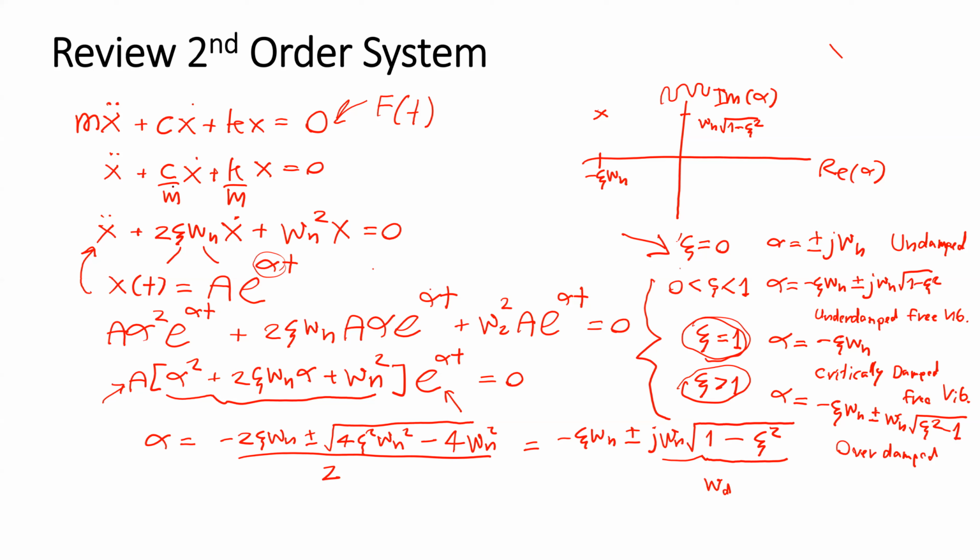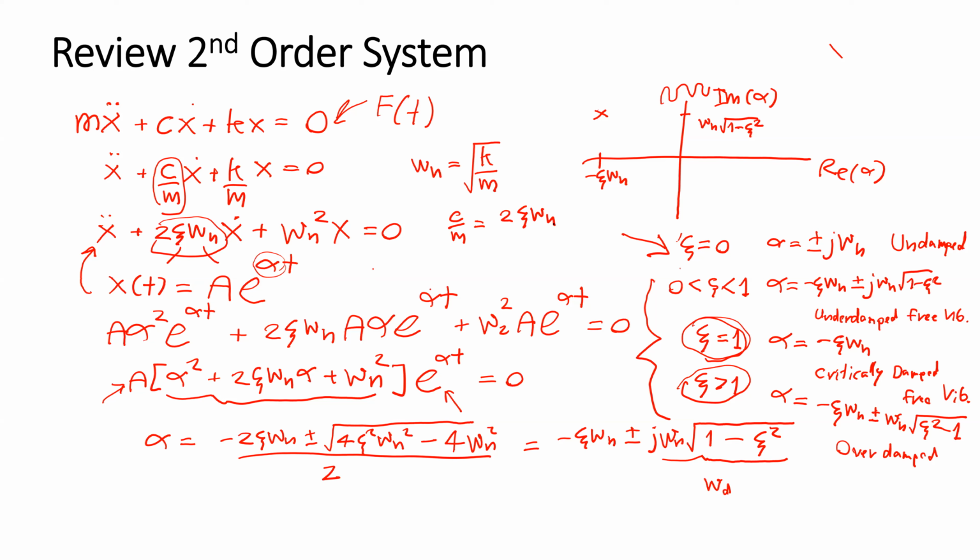You know that omega n is related to the spring constant and the mass. And you also know that these 2 terms should be equal, so C divided by M is equal to 2 psi omega n.